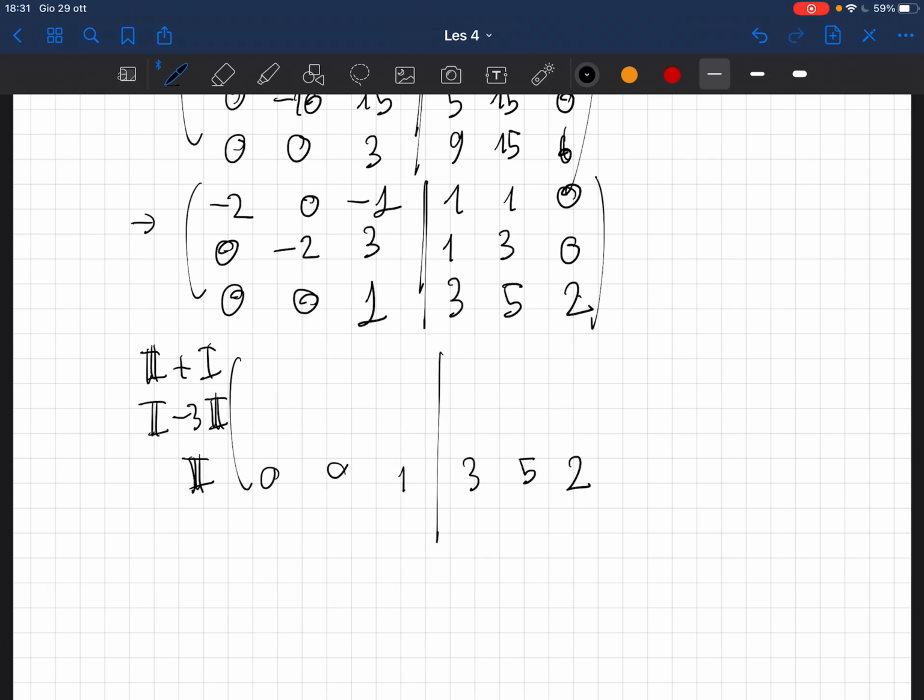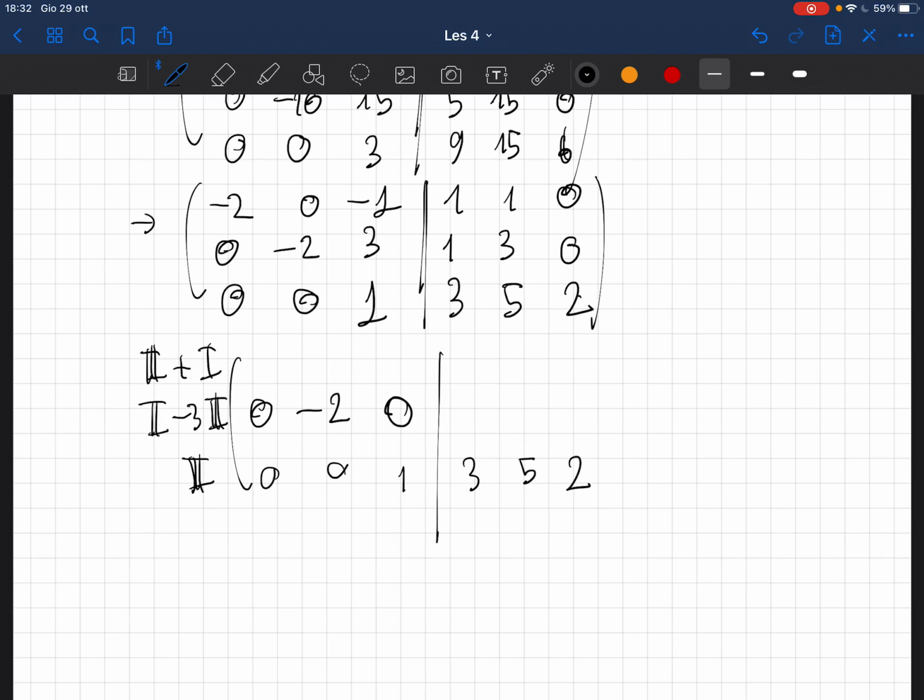Hopefully it's correct. And yes, so I have to take the second one and subtract 3 times the third. So this is going to be 0 minus 2. This is going to be 0. That's good.